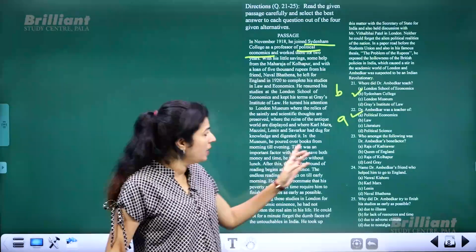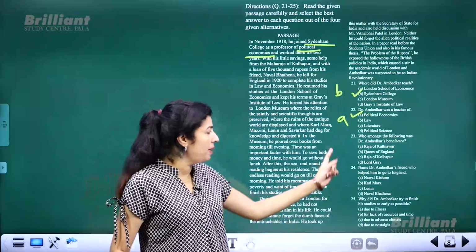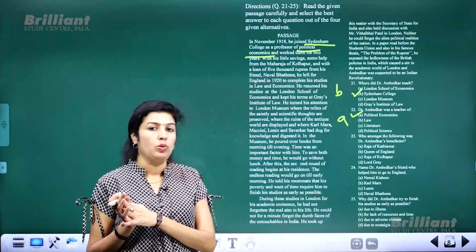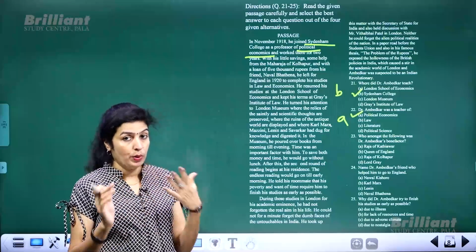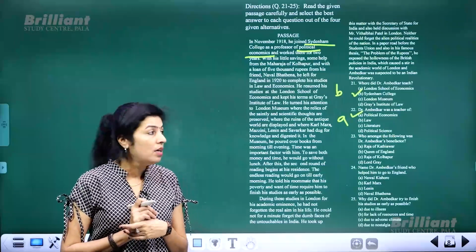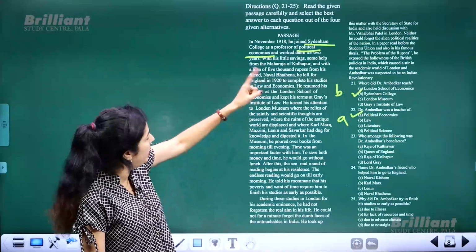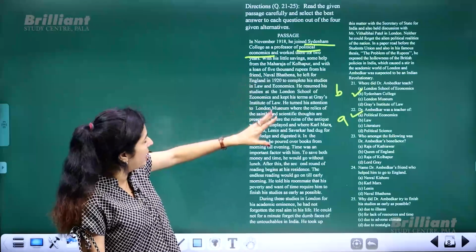Okay. Now next is, who amongst the following was Dr. Ambedkar's benefactor? That means the one who funded him or helped him financially, or supported him economically. So who exactly was that? Let us read the first paragraph.